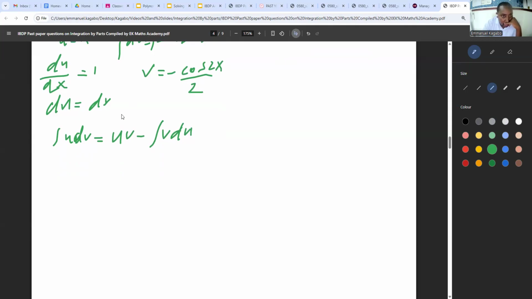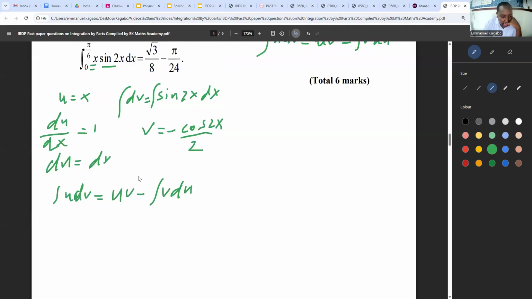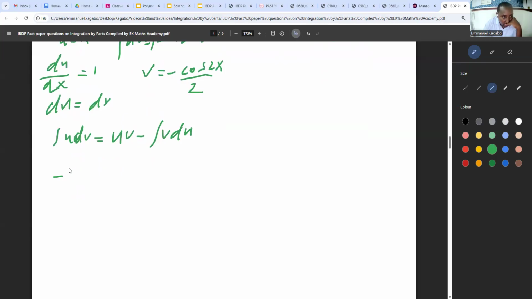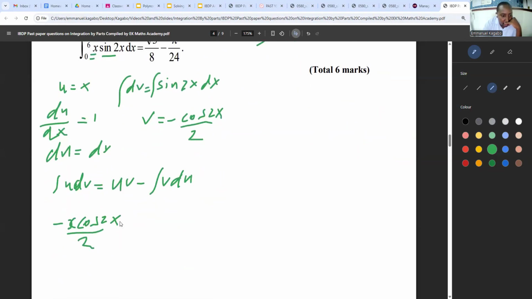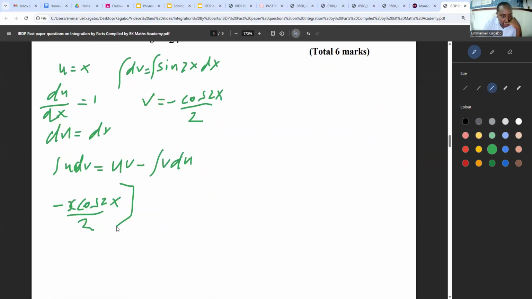My u is, if you remember, x times that. That means it will give me negative x cos 2x over 2. Remember the upper limit and lower limit. So it's going to be like this.